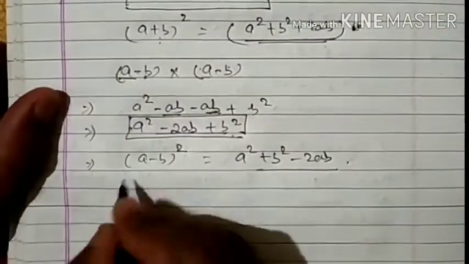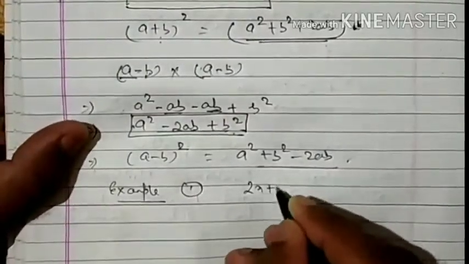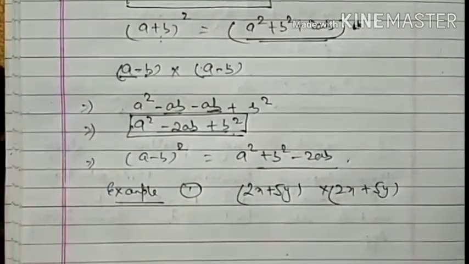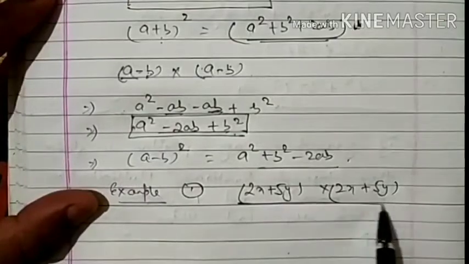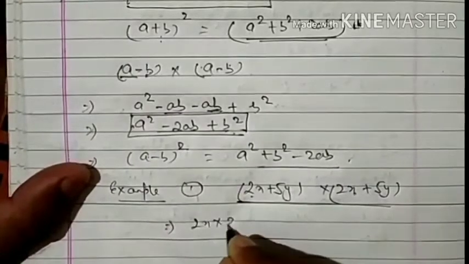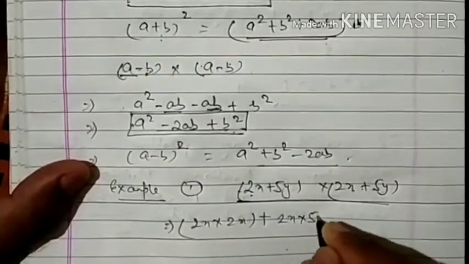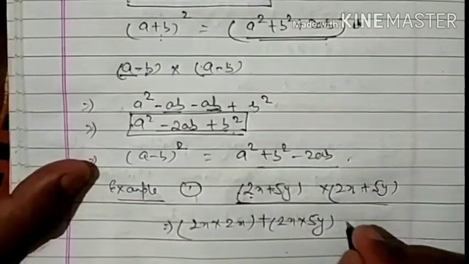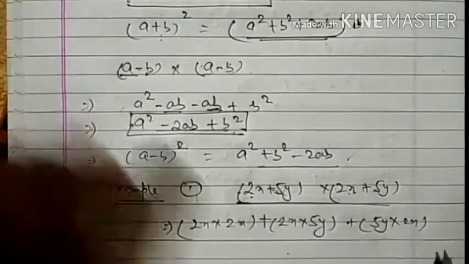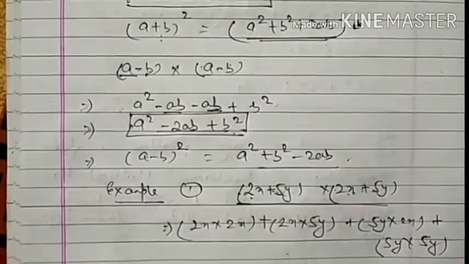Example 1. If you have to multiply 2x plus 5y multiplied by 2x plus 5y, what will we do? We can solve it in two proper ways. 2x multiplied by 2x, plus 2x multiplied by 5y, plus 5y multiplied by 2x, and plus 5y multiplied by 5y.